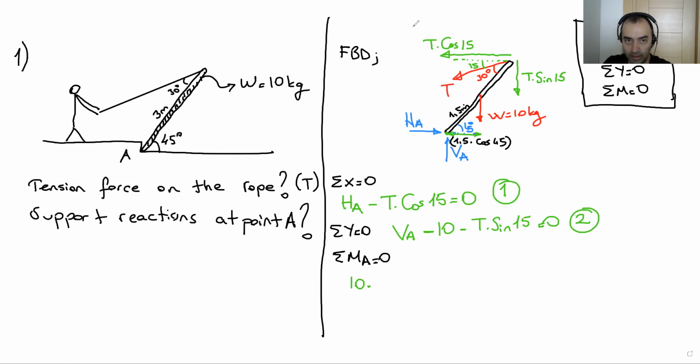Let's write it here: 1.5 meter times cosine 45. This member turns the system in this direction. This is my assumption, positive direction.